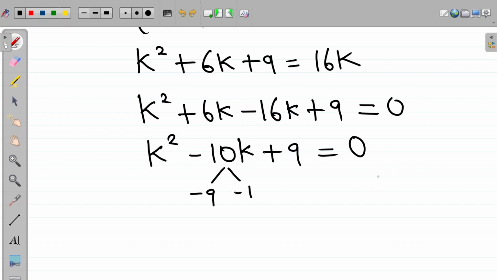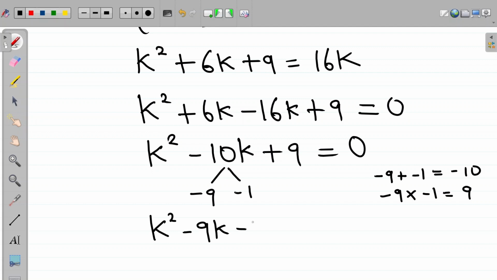This is because minus 9 plus minus 1 is equal to minus 10, and minus 9 times minus 1 is equal to 9. So therefore, the equation becomes k squared minus 9k minus k plus 9 equal to 0.